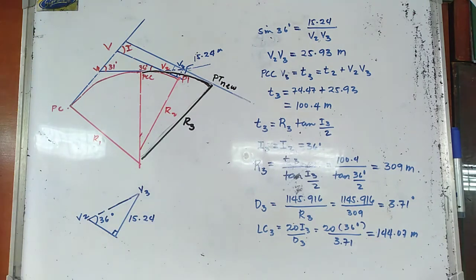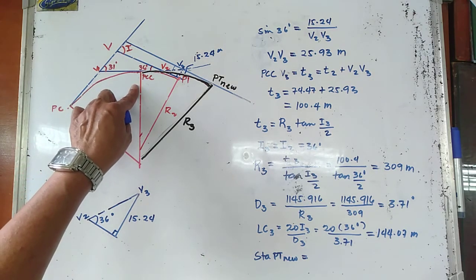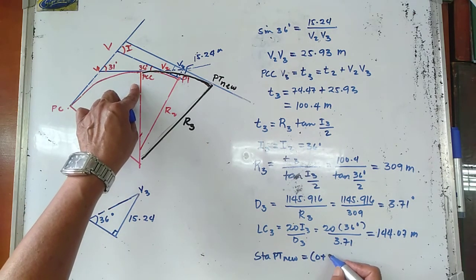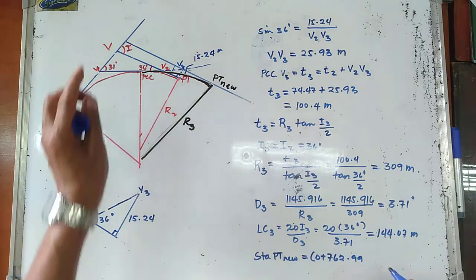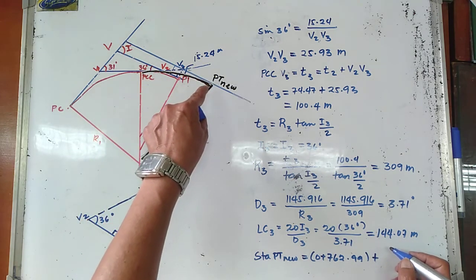So the station of the PT new is now equal to station PC. So what is station PC kanina? 0 plus station PCC, 762.99. So that is station of the PCC. So I'm just going to add now LC3.